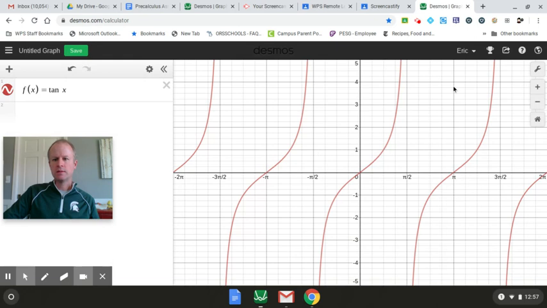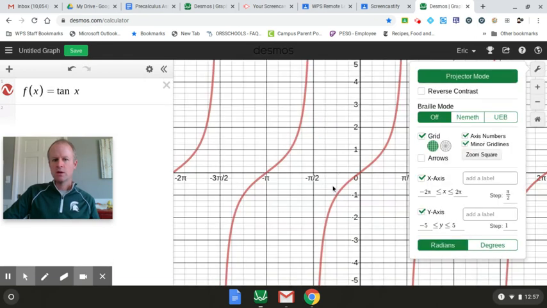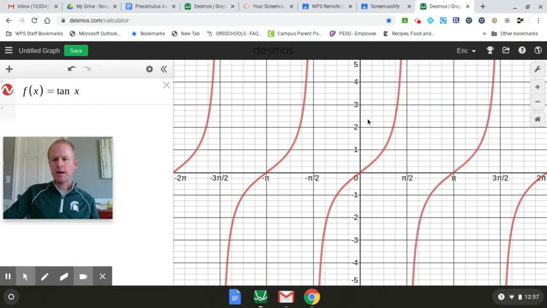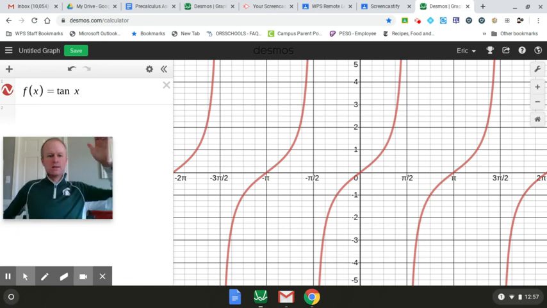And I'm going to actually make it projector mode on mine so it's a little darker. So as you look at that graph, you can see it appears, because of the window I used, I can see where those barriers are, where those asymptotes are. So the tangent graph is very cool. If we were in class right now, I would show you my tan dance. It's kind of like this, and then keep doing this, and you jump across the room.